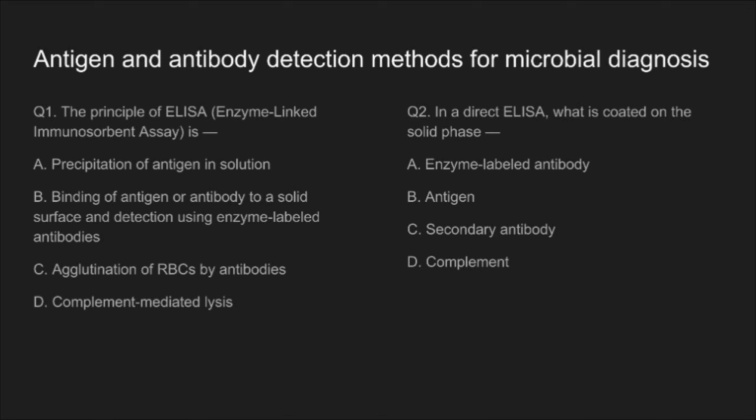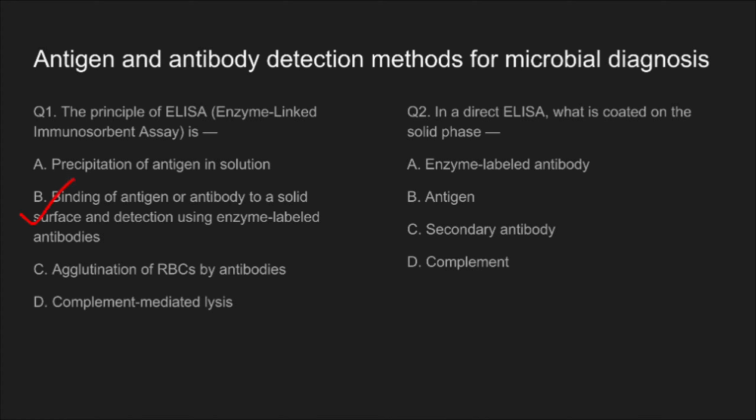C. Agglutination of RBC by antibodies. D. Complement mediated lysis. So the correct answer for this question is option B, binding of antigen or antibody to a solid surface and detection using enzyme labeled antibodies.